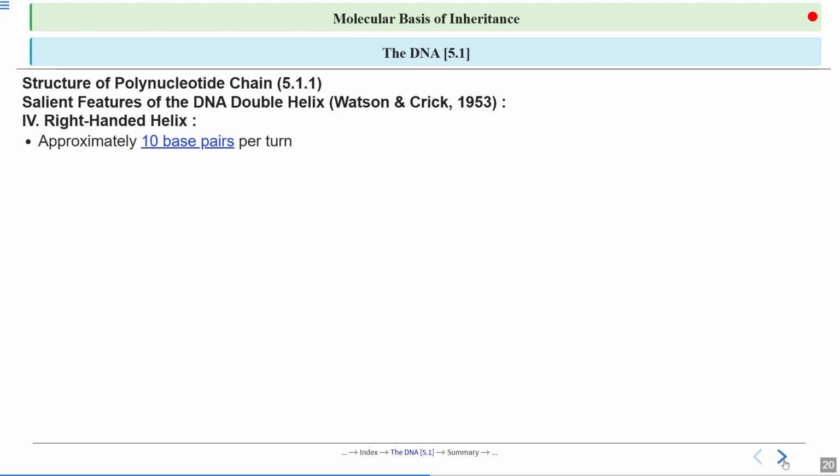As I said, this is the right-handed helix, its direction is in the right hand. Approximately there are 10 base pairs per turn, so the distance between base pairs is obviously 0.34 nanometer, because for 10 base pairs it is 3.4 nanometer, so for one base pair it is 3.4 nanometer by 10.